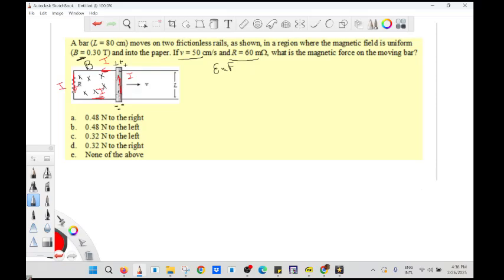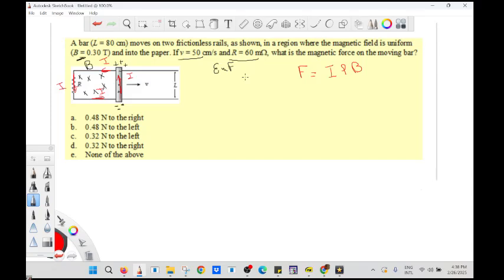Now remember that we have a magnetic force, which will be ILB. If you have a current inside a magnetic field, it will be acted upon by a force, and that's going to be the force. Again, you take the right hand rule.